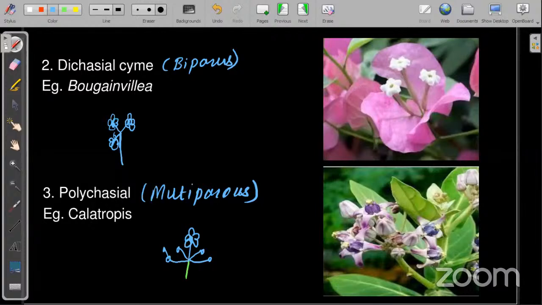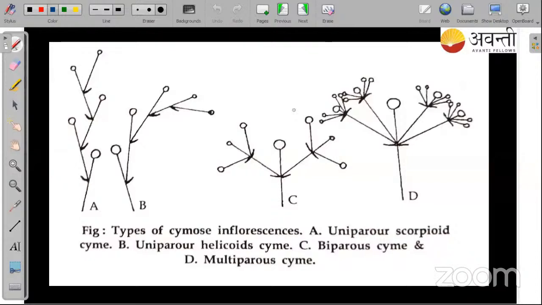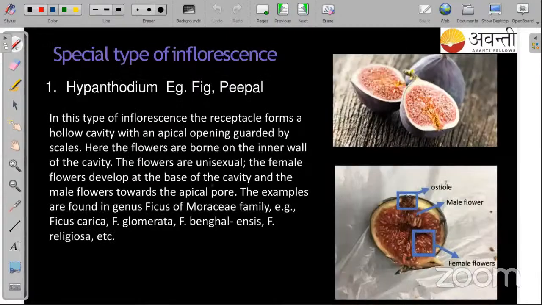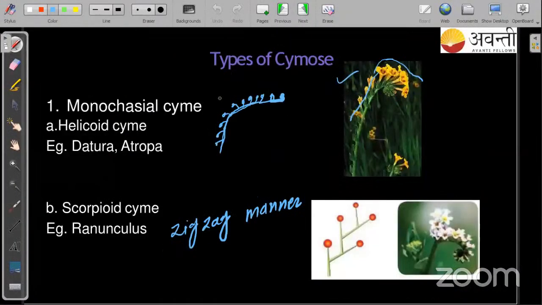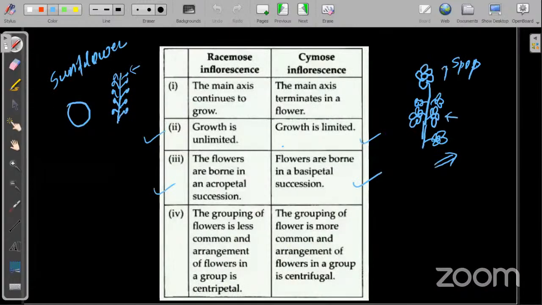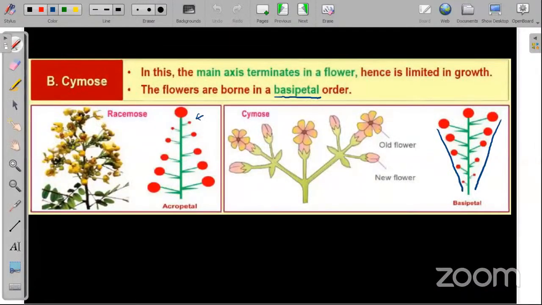Okay, so coming to the next, this is the different types of cymose inflorescence. Next is the special type of inflorescence. I think I want to revise it again. The next type we discuss is the cymose after racemose.